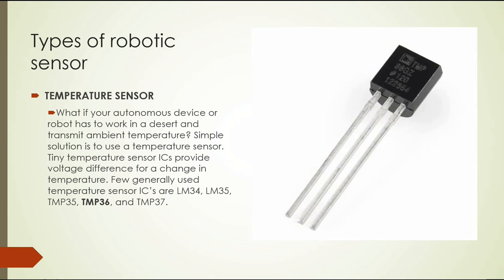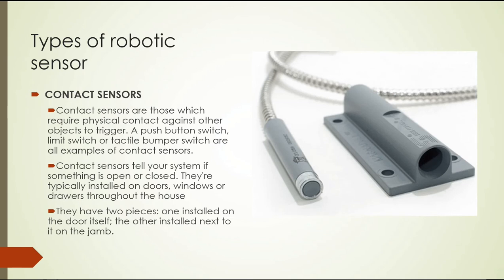So maybe you can use it in a room if you want the room to stay at a certain degree, so this is also used to measure the temperature. Okay, this is contact sensors.